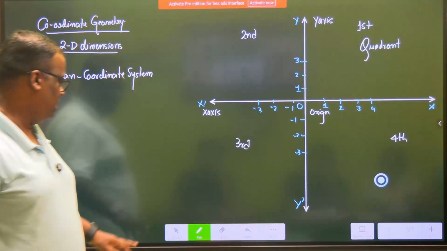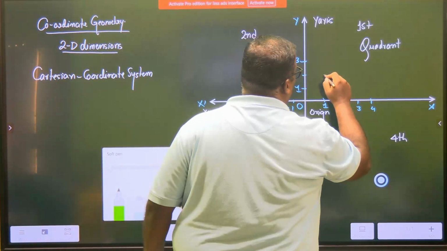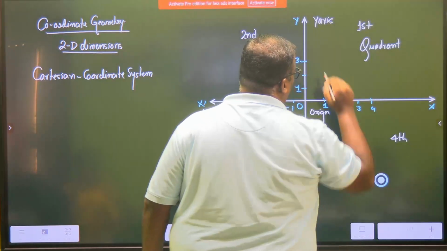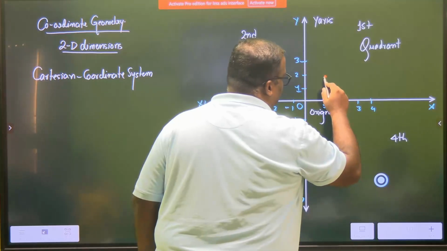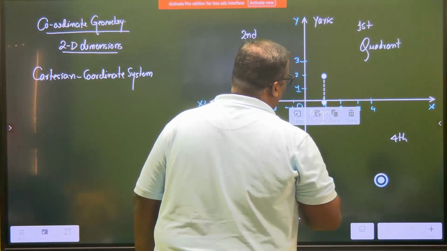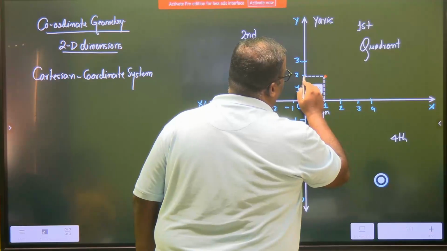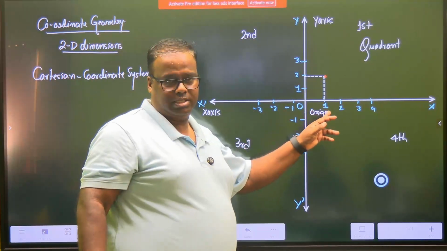This sort of a system is set up to actually trace any point. Let's say somebody gives us a point. Somebody says that there is a point like this. Can you trace the position of this point? The way we trace the position of this point is we draw a vertical line on the x and we draw a vertical line on the y-axis, something like this. Then we see what point it is pointing to on the x.